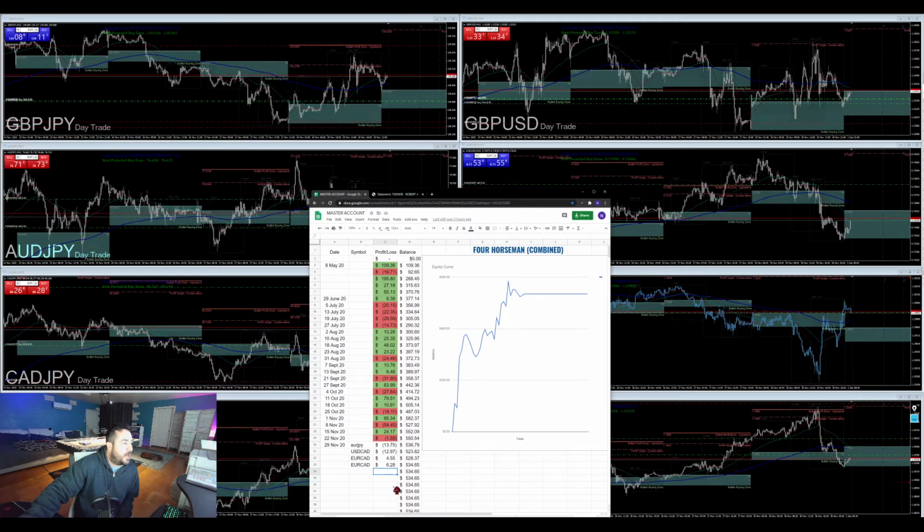Took a couple stops. Already reduced risk on the EuroCAD. Took a couple take profits really small because the pivot size was tiny. So we're just kind of in this in between phase for the past few weeks or so. But when they explode, it really moves up. But for the most part, the equity curve has been steadily heading upwards.